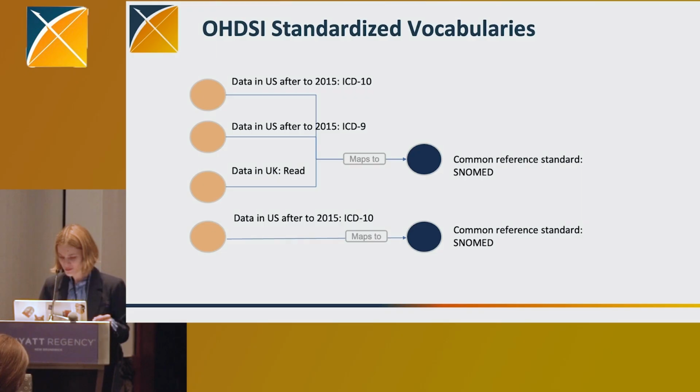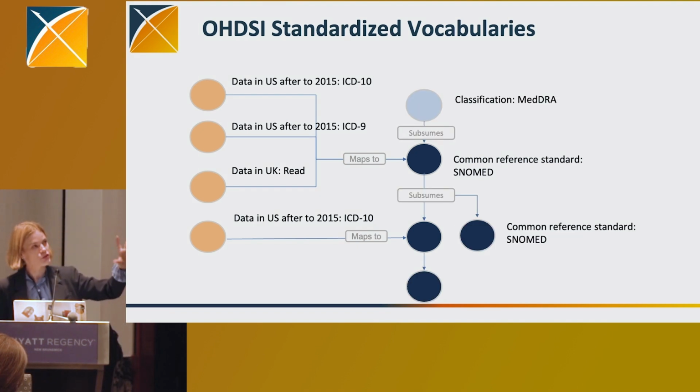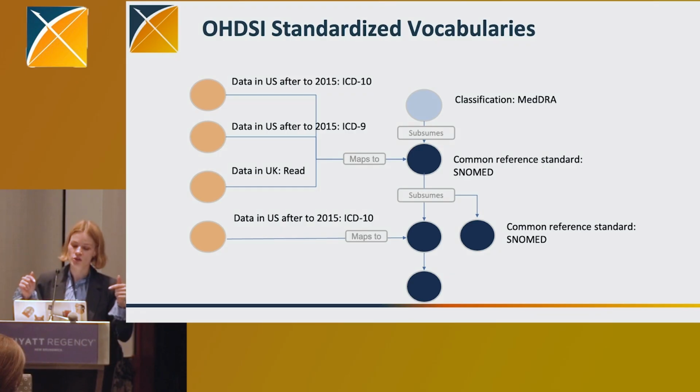I know these are basics, but we want to make sure that everybody is on the same page in terms of the basics. Now, we not only curate those mappings from the source data to the common reference standard, we also leverage the existing structure of those vocabularies. So here, for example, you can see additional relationships within SNOMED, such as subsumes, which indicates hierarchical relationships.